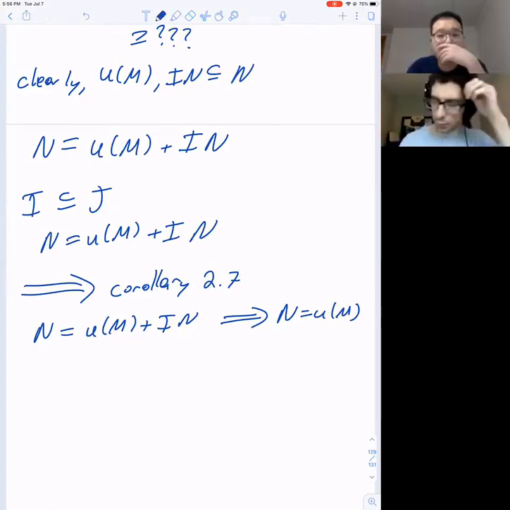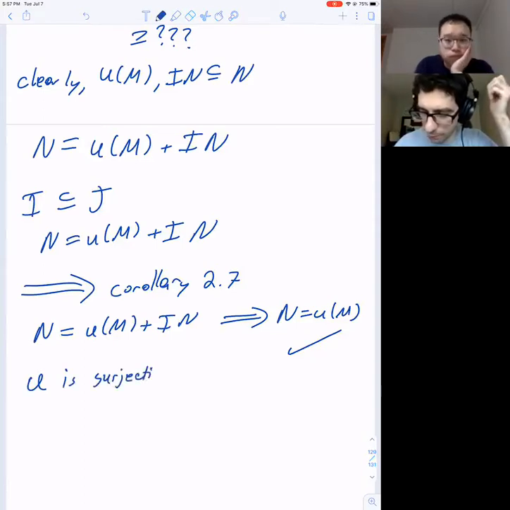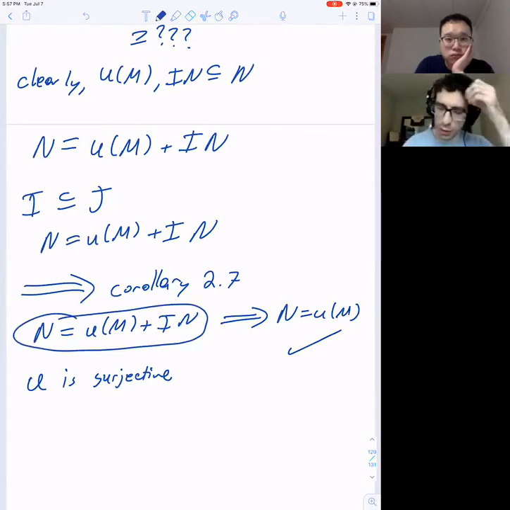And so we are done. So we proved that this is a surjection. Thus, U is surjective, which is what we were trying to prove. So this statement here is precisely the statement of corollary 2.7.